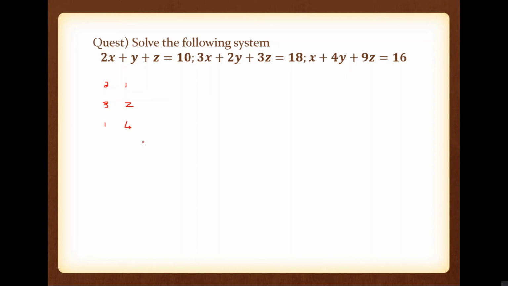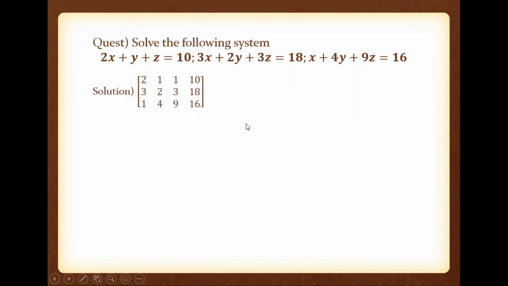Now, what are the coefficients of z? 1, then 3, then 9. Then what are the constants? 10, then 18, then 16. So this one is the augmented matrix.